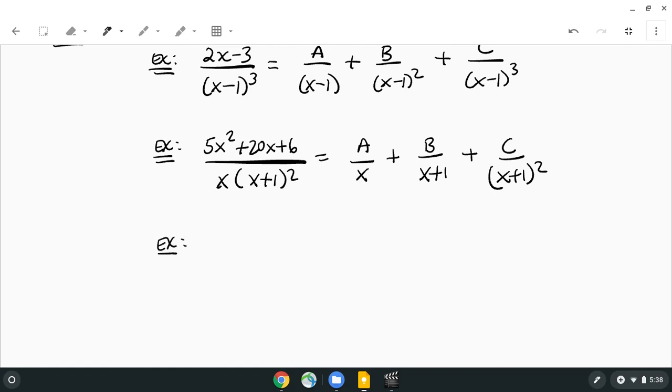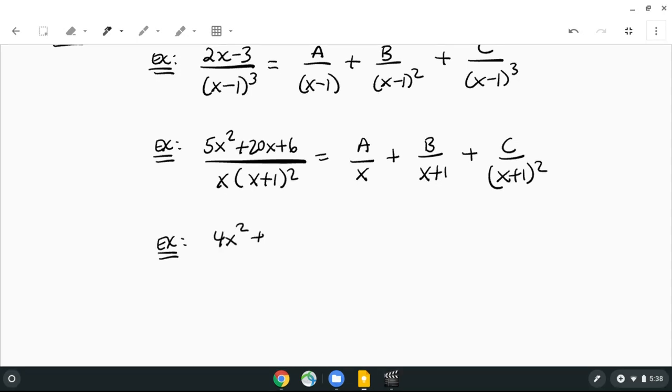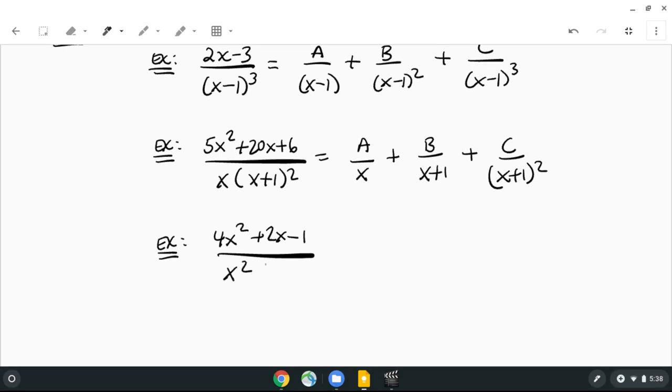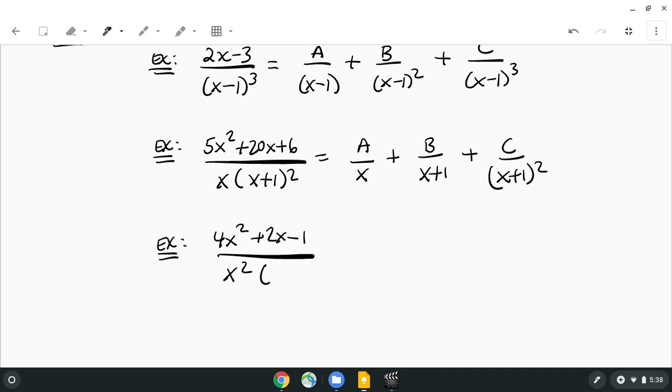Let's take a look at one more. Suppose that you have this one, 4x squared plus 2x minus 1 all over x squared times x plus 1.